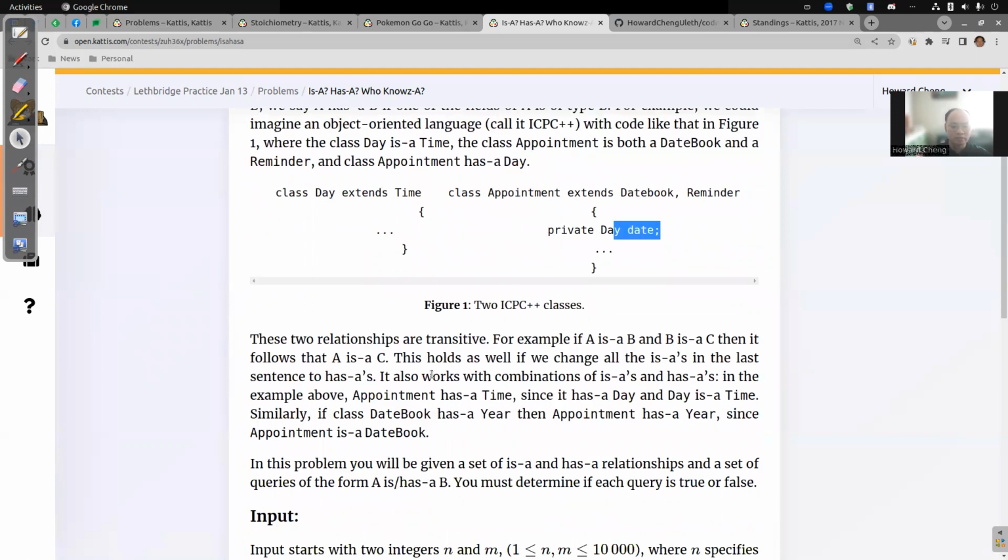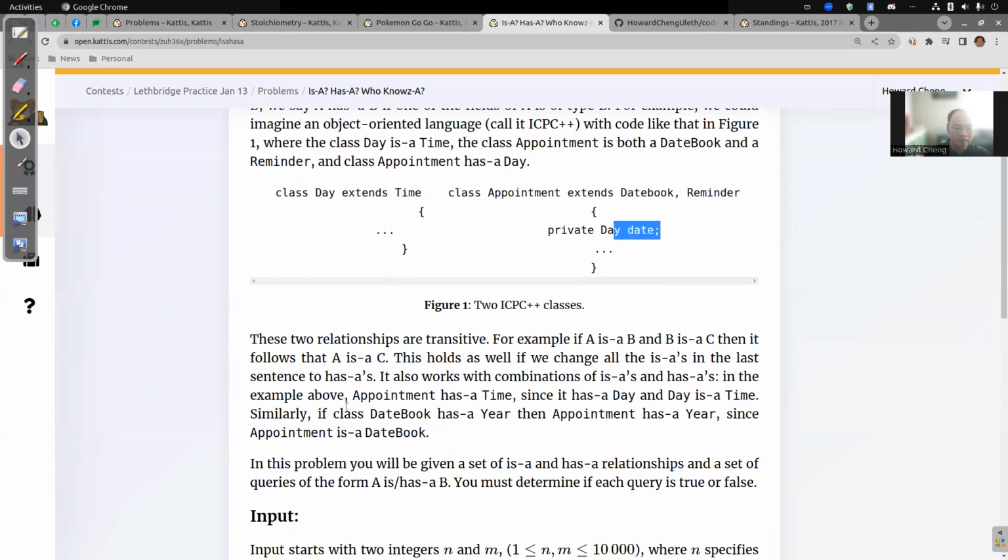These two relationships are transitive. For example, if A is a B and B is a C, then it follows that A is a C. This holds as well if we change all the is-a to has-a: A has a B and B has a C, then A has a C. It also works with a combination of is-a and has-a.